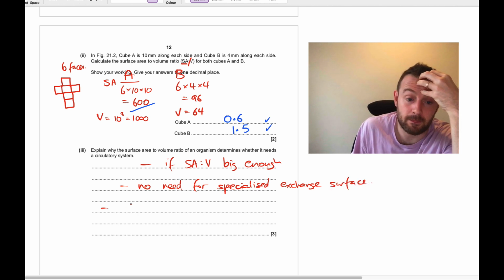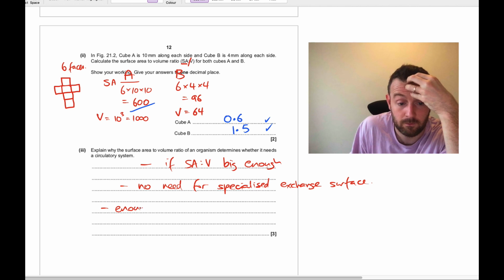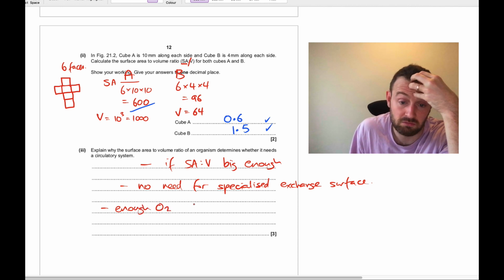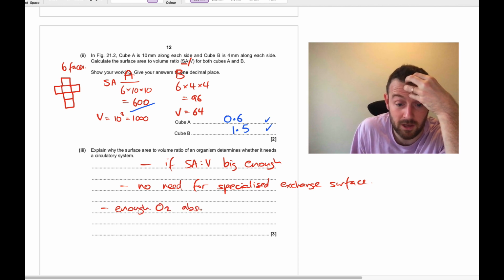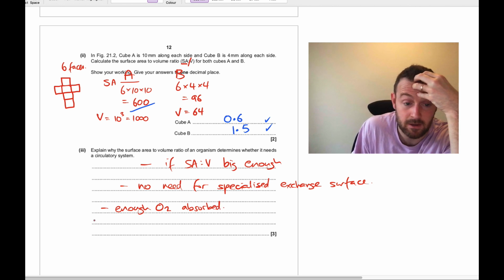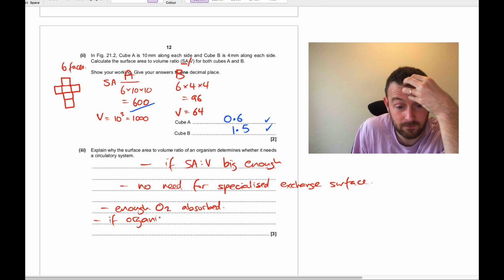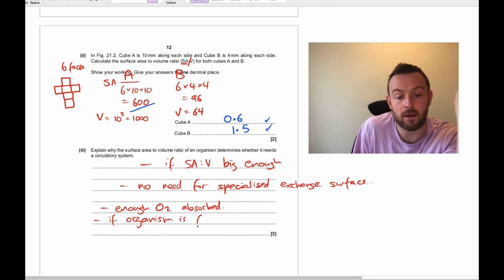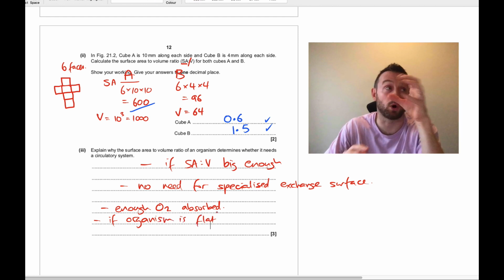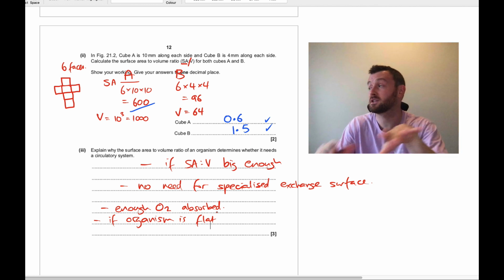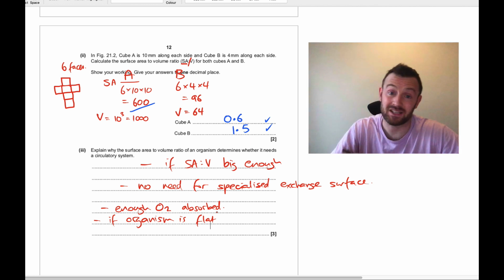And so you could say enough O2 absorbed, for example, and also you could maybe say if the organism is very flat, then all the cells in its body might be close enough to the external surface that they can get oxygen without having it pumped around the body.